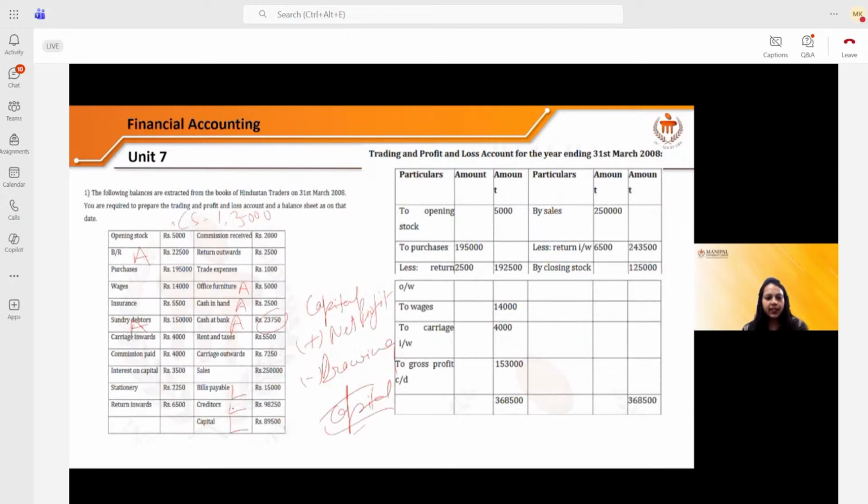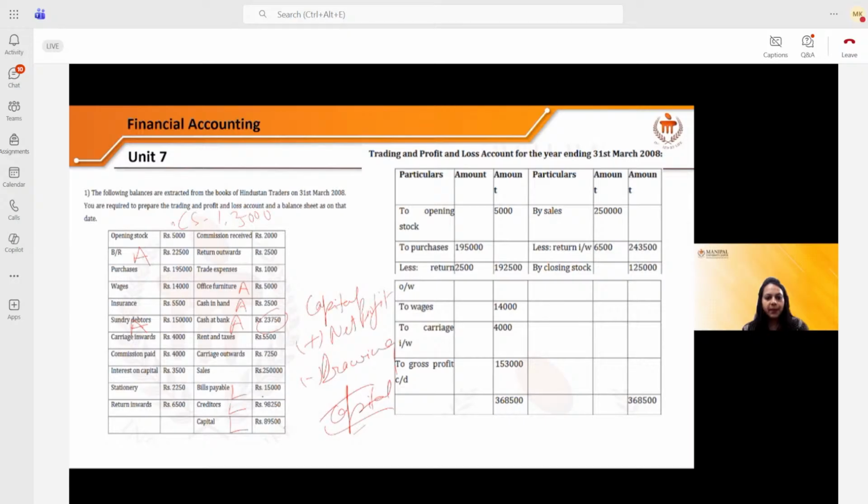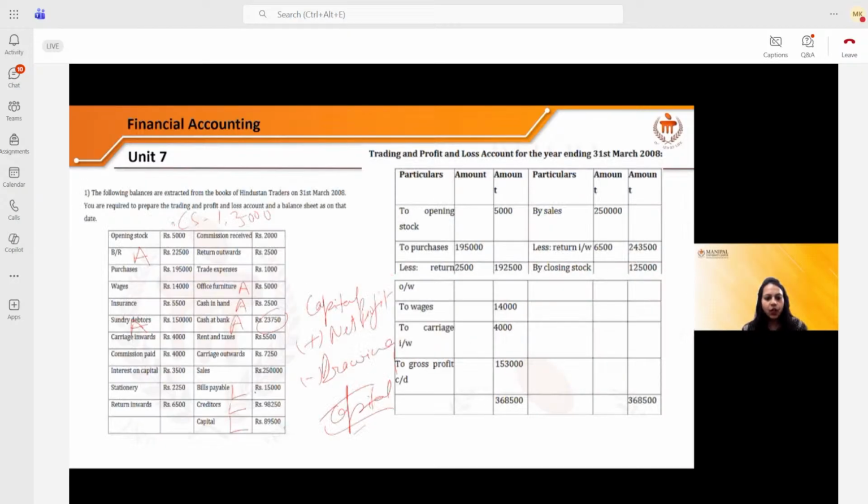Creditors 98,250. Bills payable 15,000. Now for the capital, I have put the formula: capital plus net profit minus drawing. But in the question, drawing is not there, so the formula becomes capital plus net profit.